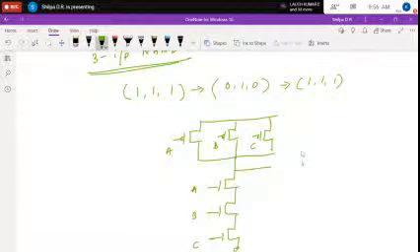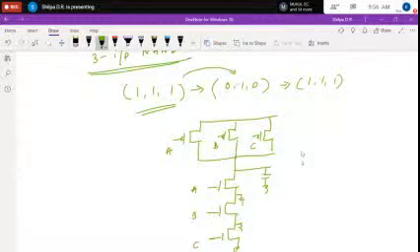Now it is shifting to 0, 1, 0. Why have we given the condition 1, 1, 1 initially? To tell you that all the internal capacitances are discharged. When A, B, C are all on, whatever is stored at the output node and at the internal capacitance will be discharged to 0.